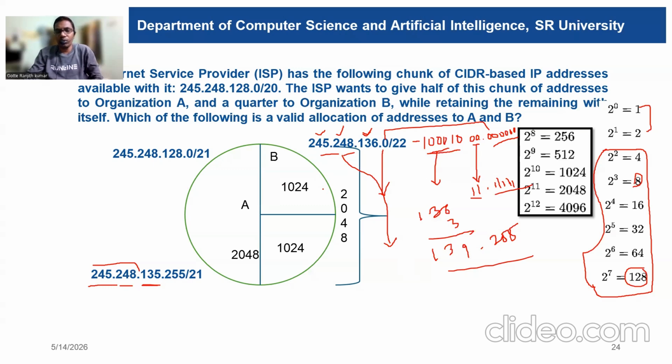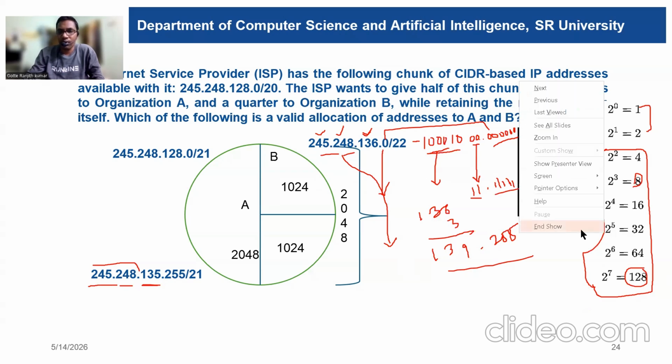Okay. So in this way, to find out that address space, we have to convert the network address into binary, and after that calculate the decimal, then we can write that decimal address. Now I will erase and write the decimal address 139.255. Okay.